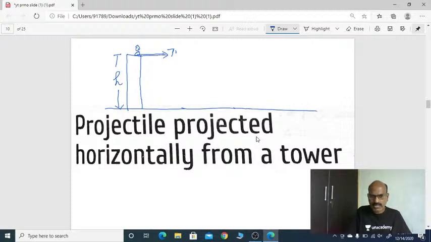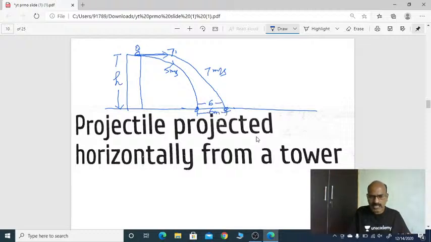The second body is projected horizontally at 5 meter per second. Both reach the ground. The separation between the two bodies is 6 meter.